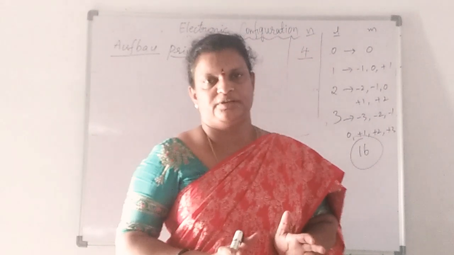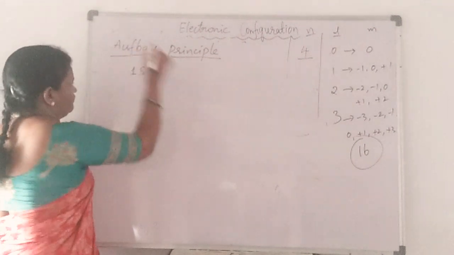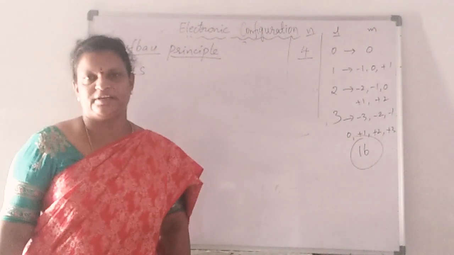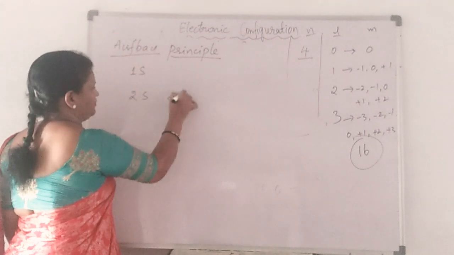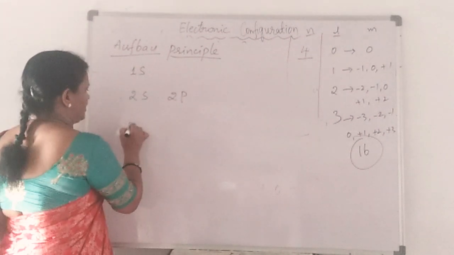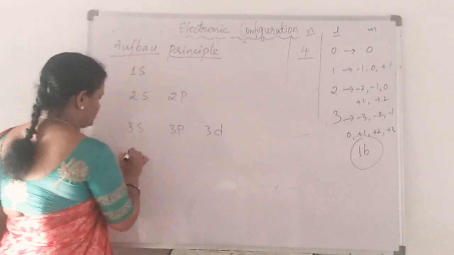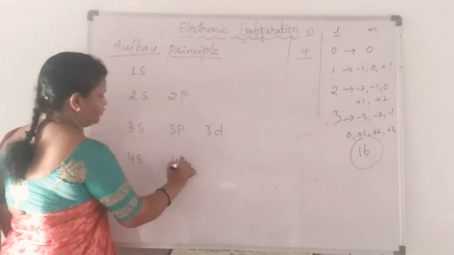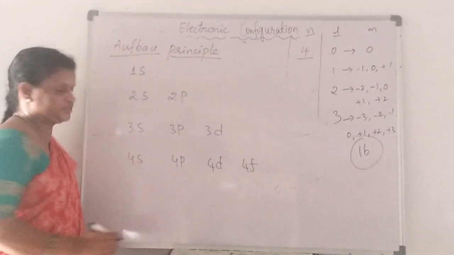So here we say in the first shell we have only one subshell, that is s. Second shell we have s and also p. Third shell we have s, p and also d. Fourth shell we have 4s, 4p, 4d, 4f. 4 subshells are there.